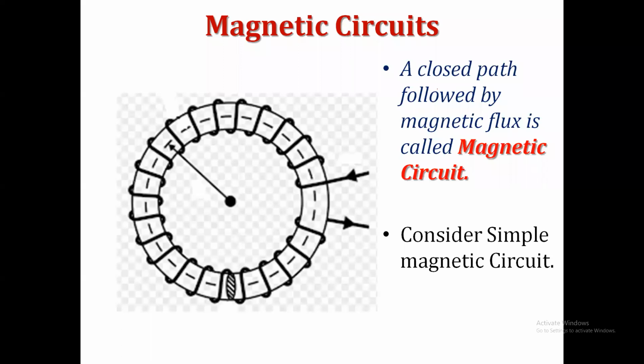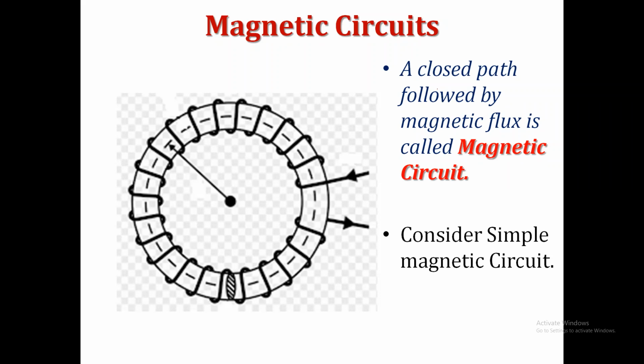It's an iron ring which is entirely wound with N number of turns of a wire, so that when the current is flowing through that wire, definitely it will act as a magnetic circuit.